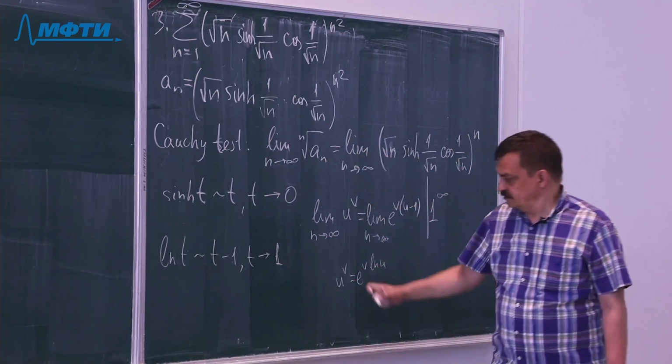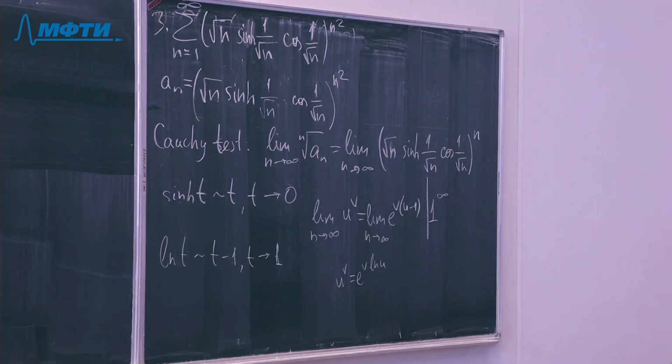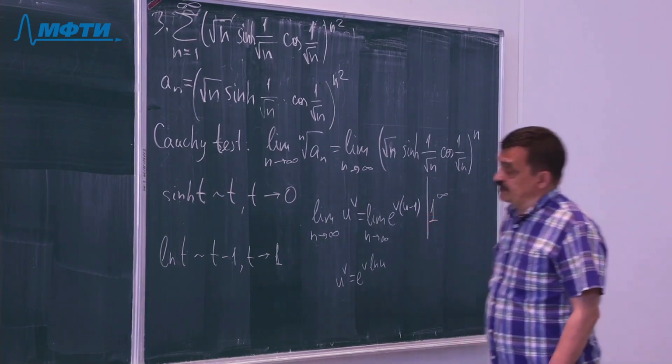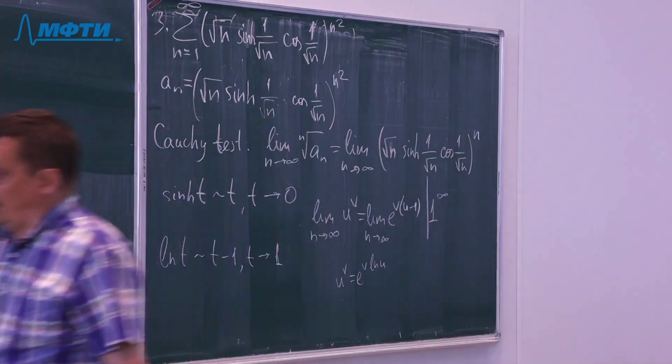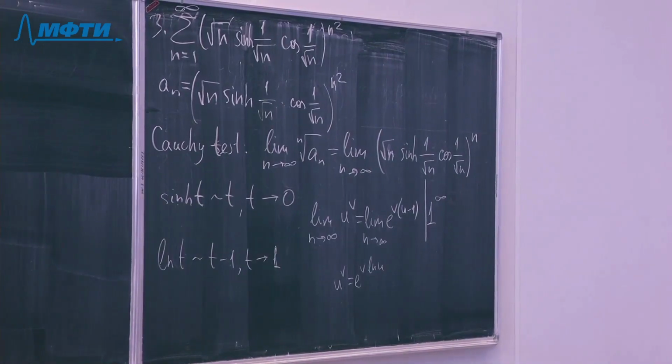Here I should say t tends to 1, right? Okay. So this rule helps a lot. How? We compute.